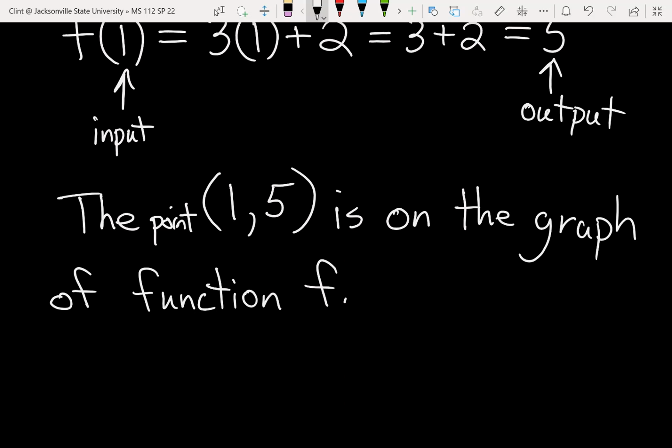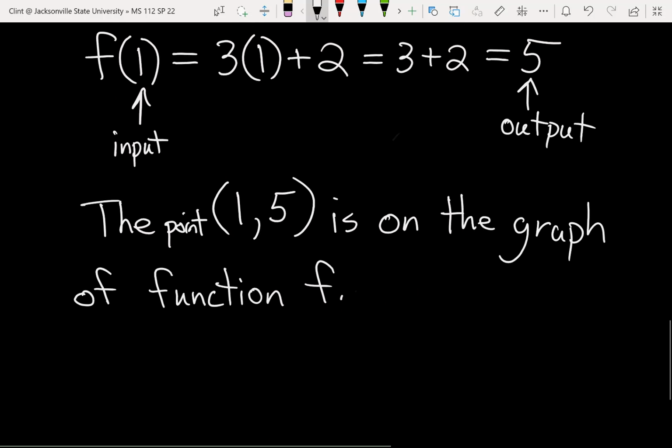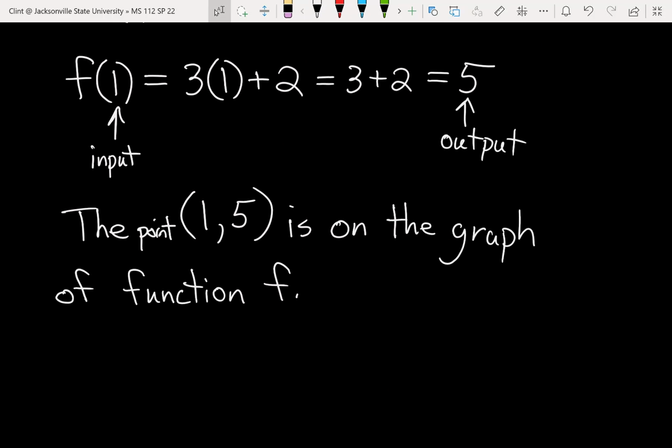So if we wanted another point that's on the graph of our function f, how could we figure out another point that's on there? How do we find that one? We just picked an input value, and then we used our rule to figure out what our output value would be. So what's another input value we could use?